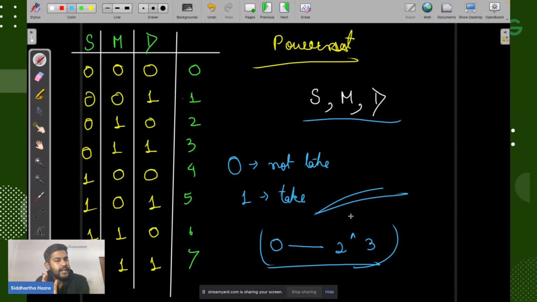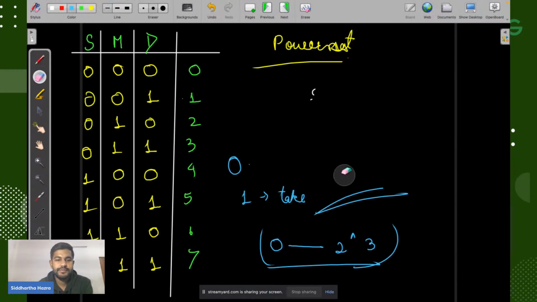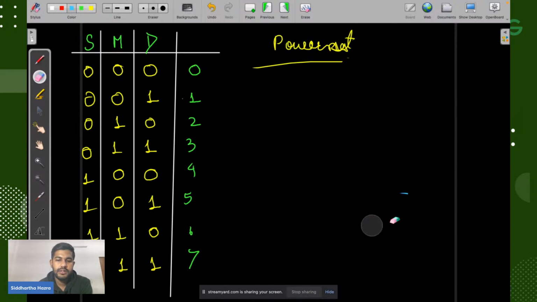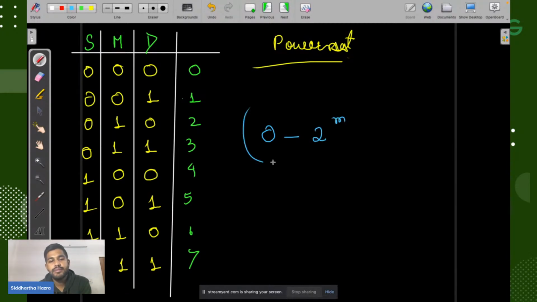So what I would do is simply go from 0 till less than the value of 2 to the power m. If the value is 1, I would flip the bit. If the value is 0, I won't flip the bit.